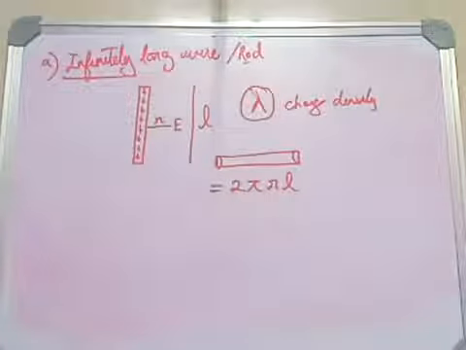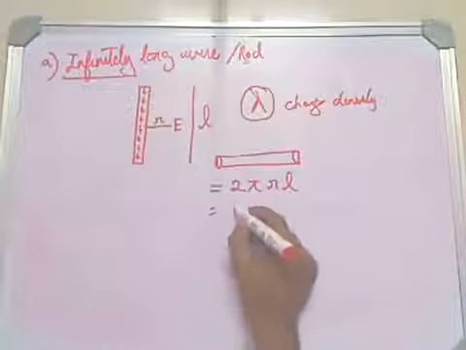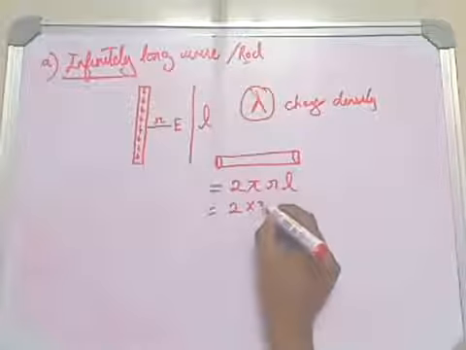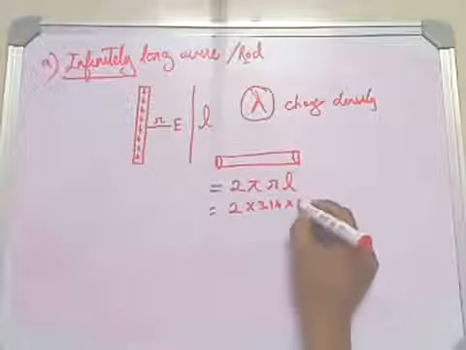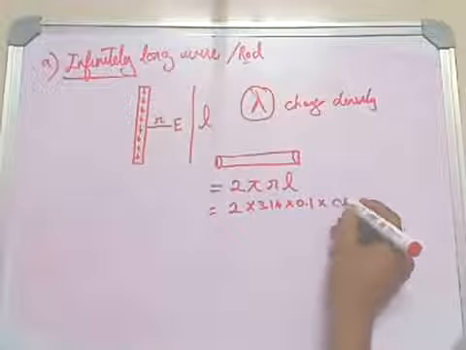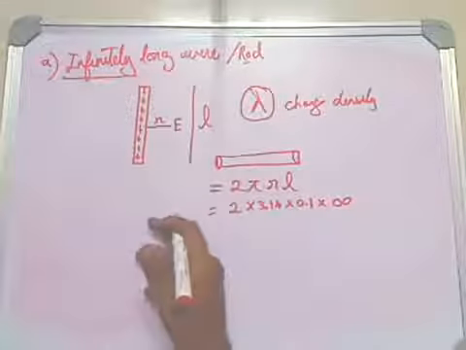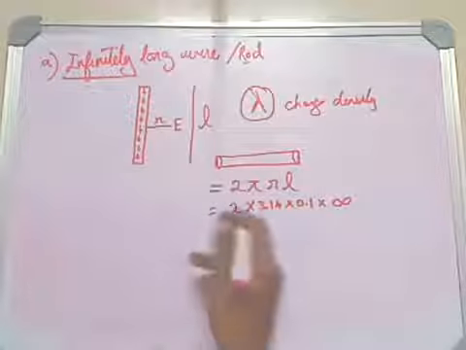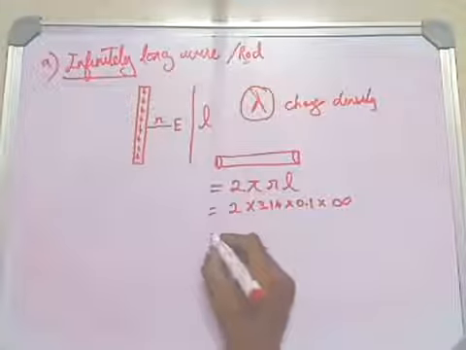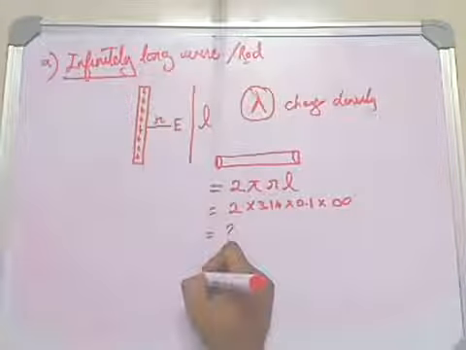So if I were to use any formula here, let's say I consider the radius of the wire to be 10 centimeters, that's 0.1 meter. I would be in fact multiplying this as something like 2 into 3.14 multiplied by 0.1 multiplied by infinity. The length of the wire here is in fact infinite.